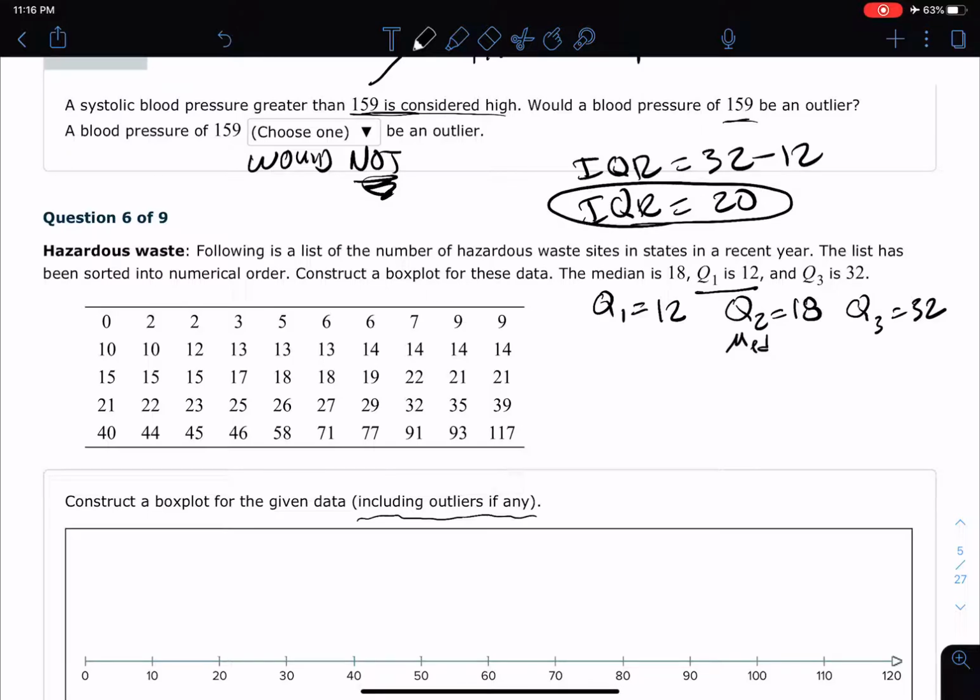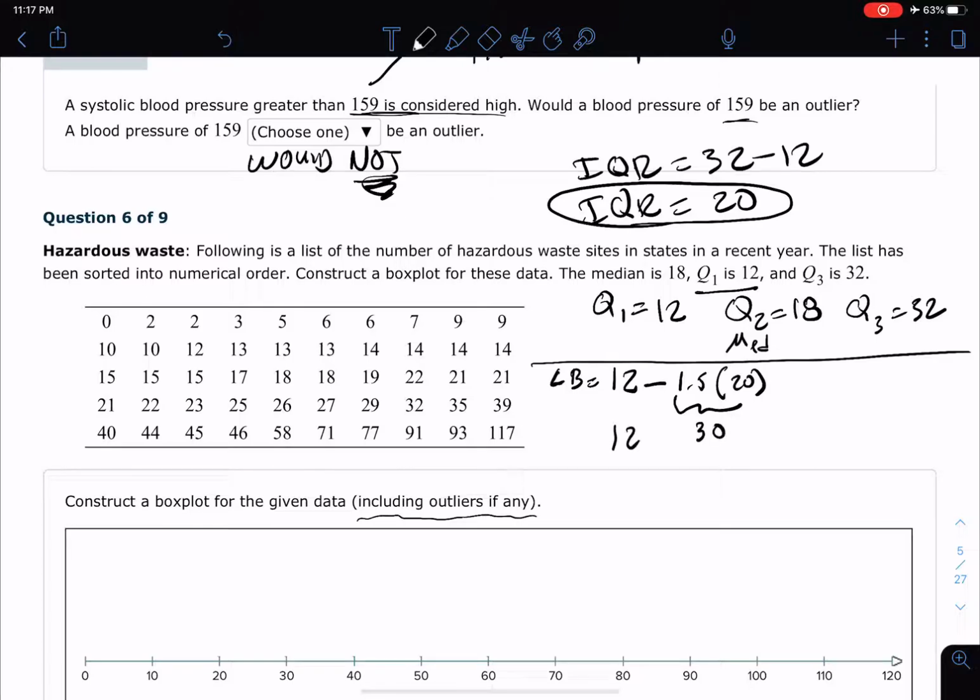I'm doing that because I want to try to figure out my lower bound, my lower outlier bound. So this is going to be my Q1, which is 12, minus 1.5 times the IQR, which is 20. Now 1.5 times 20 is going to be 30.